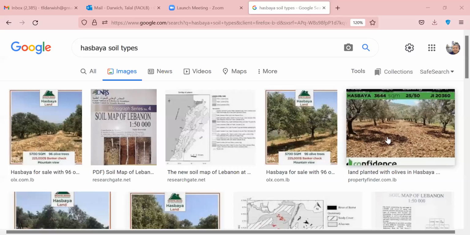We see here, this field is from Hasbaya. Oh, very nice. You see here the area between the olive trees. We cannot take a sample from here to judge the nutrient content in the soil.